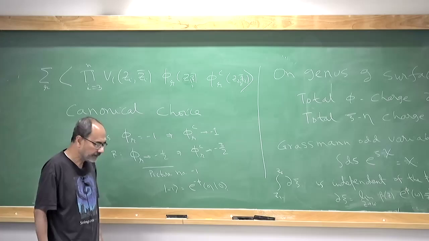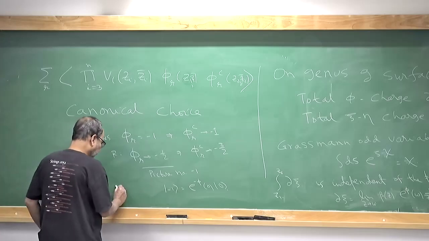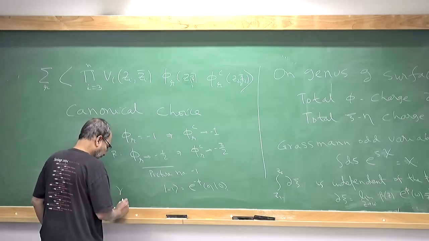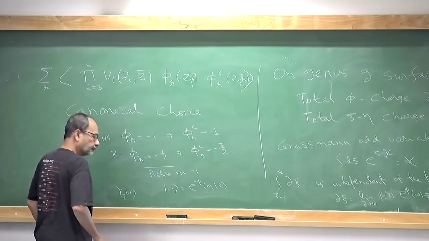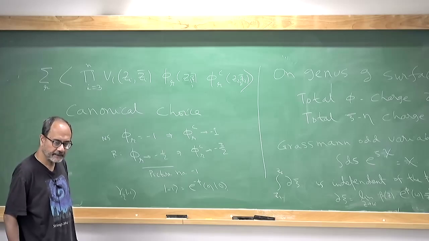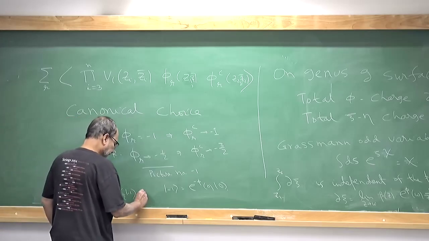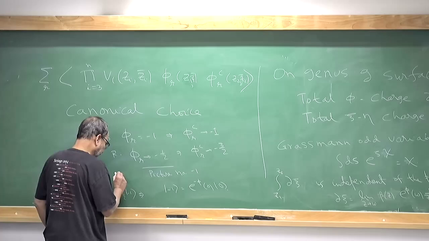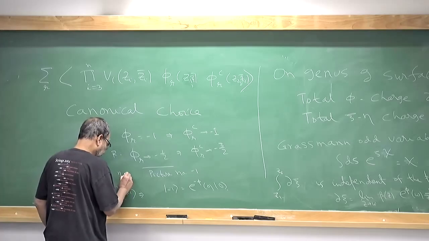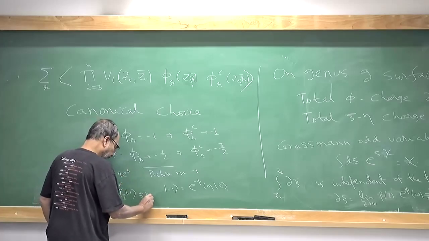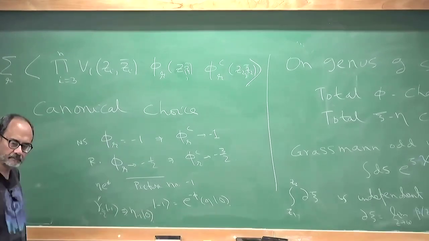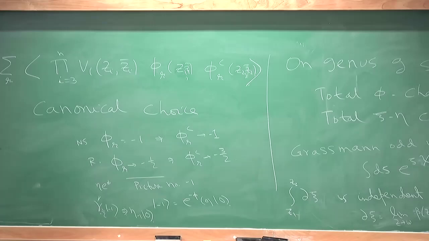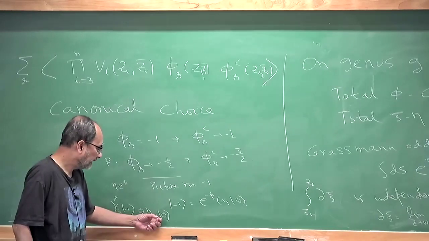Take gamma, gamma half, gamma -half, or -1. This you can check is given by gamma is eta e to the phi, so this will give you eta -1 acting on vacuum.